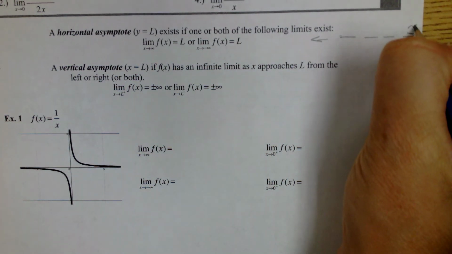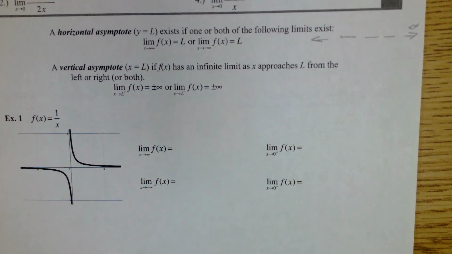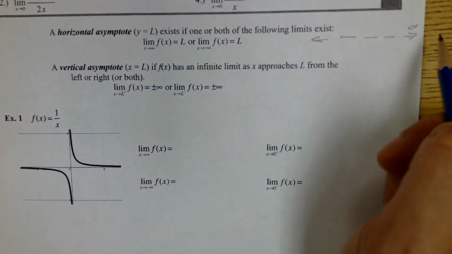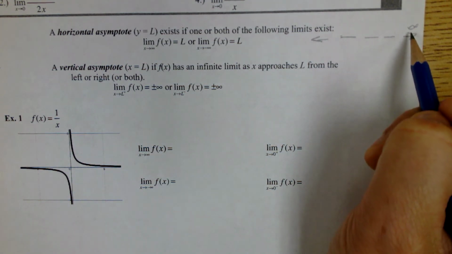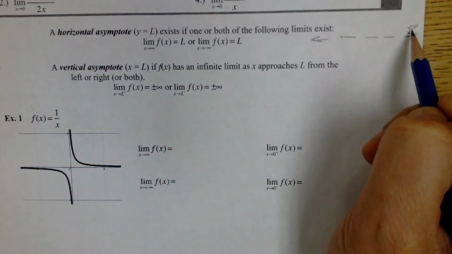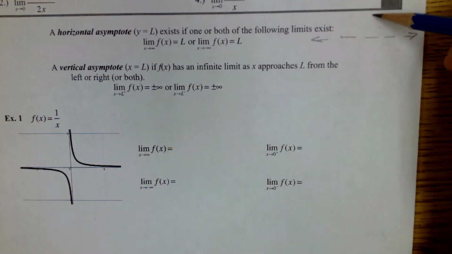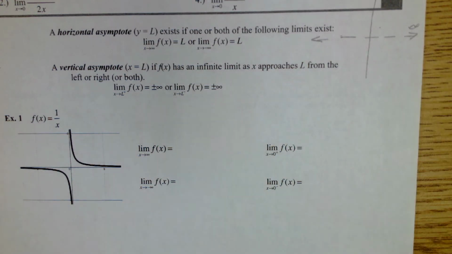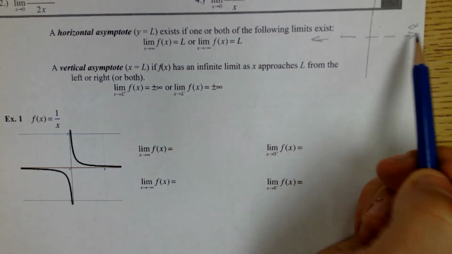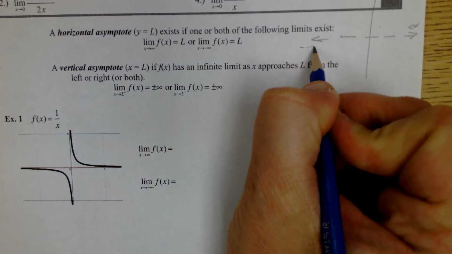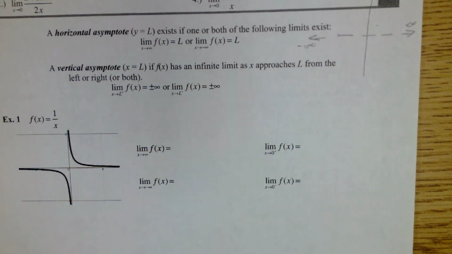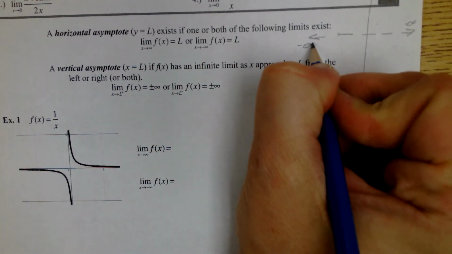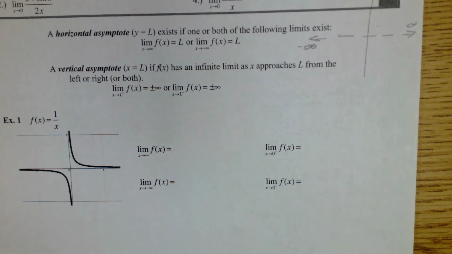If you plug in positive infinity as your x value on the far right, and the limit approaches a given y value, then your limit exists, which indicates that you have a horizontal asymptote. We can do the same thing with negative infinity. If we plug in negative infinity and it approaches a given limit, it means you have a horizontal asymptote.